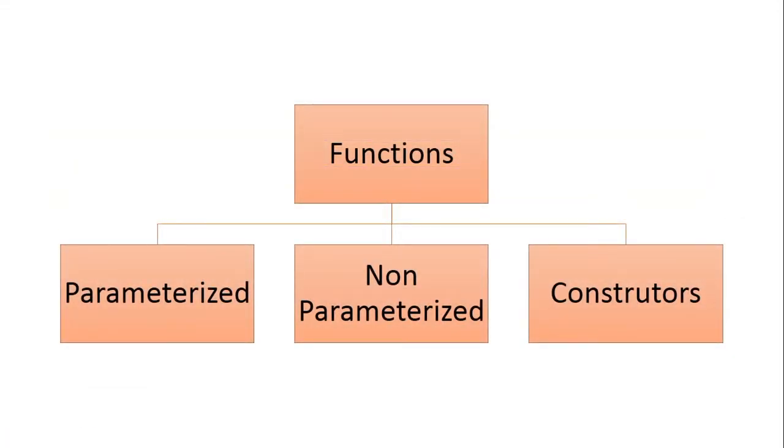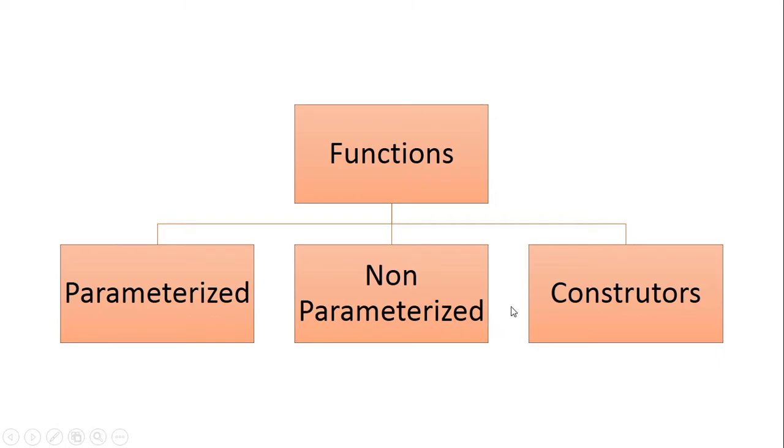So there are three types of functions in Java. Within it, the constructor part I will not explain today. I will make another video on constructor. In this video I will explain the parameterized and non-parameterized function. So what we did just before was a non-parameterized function.